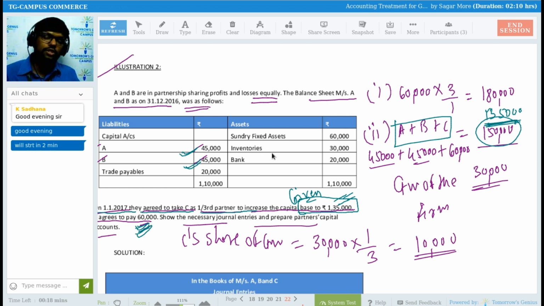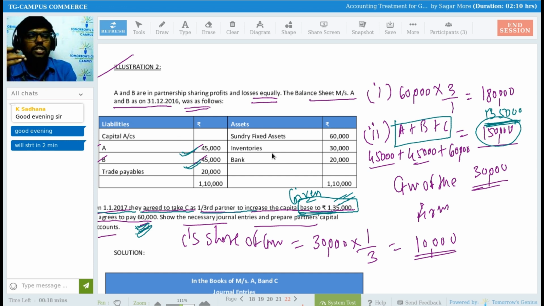That 1,50,000 is the correct answer only when they have not given me the line that they wish to consider the total capital of the firm as only 1,35,000. If they do, it means capital over and above 1,35,000 might be returned to the old partners, right?